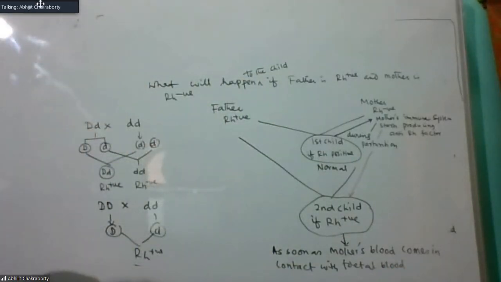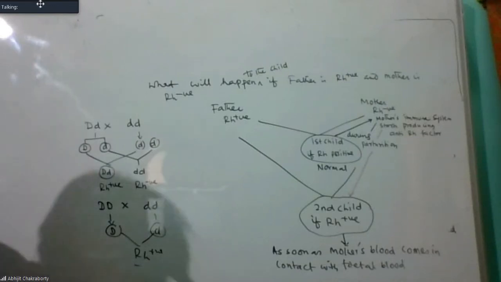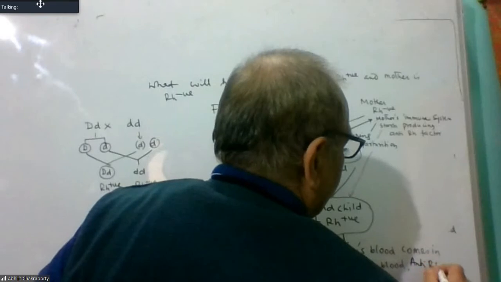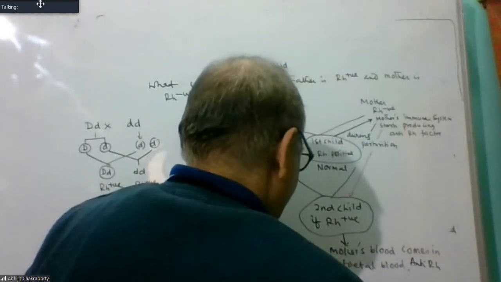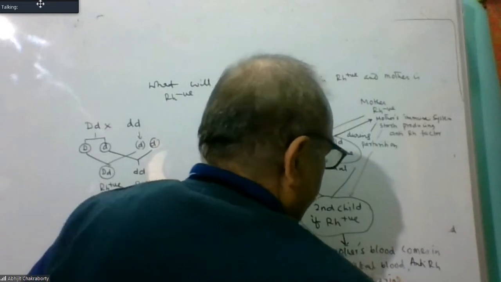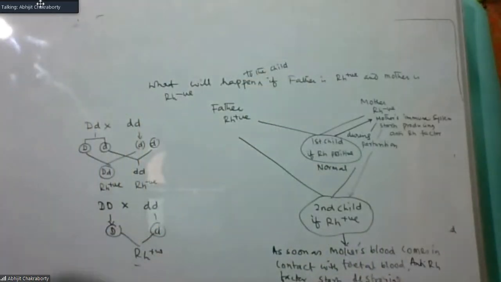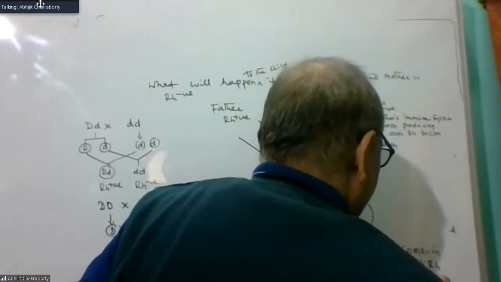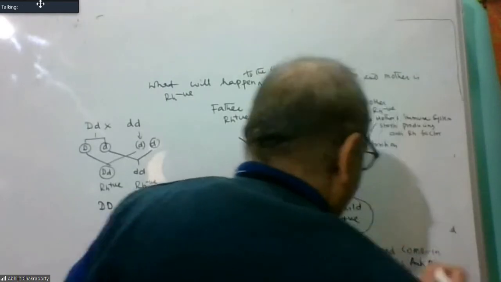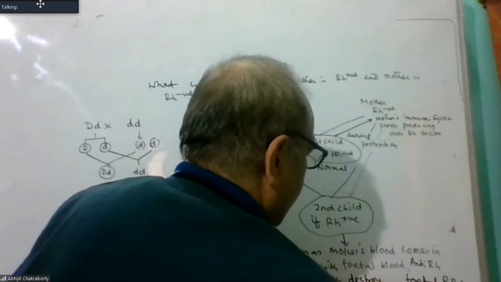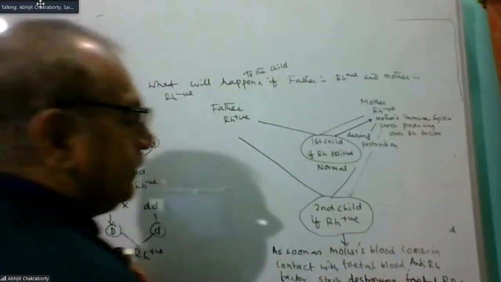As soon as the mother's blood comes in contact with the fetal blood, anti-Rh factor starts destroying fetal RBC. Clear?